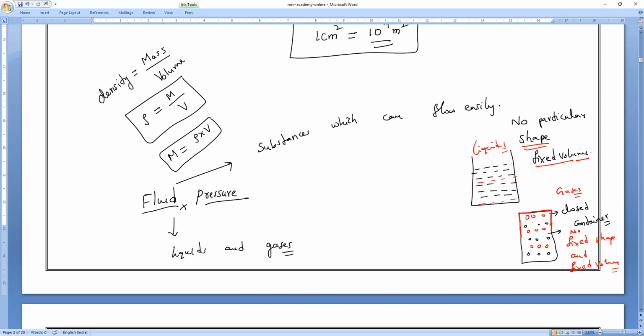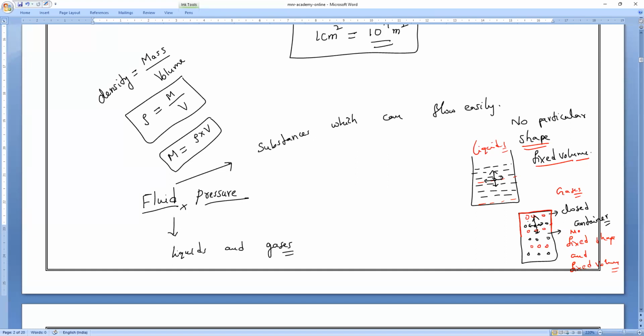Now, remember, in liquids and gases the particles cannot stay in a particular place. They will always move in different directions and be displaced within the fluid. If I release the gas, it can go anywhere.